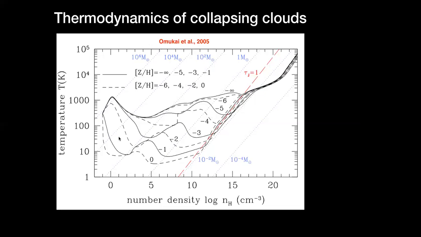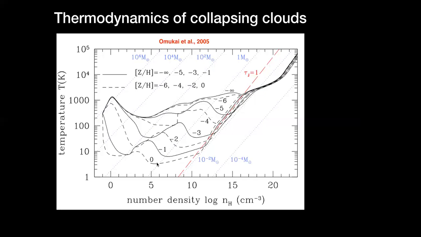For instance, if you consider the evolution, we see that the density starts increasing as the gas collapses. So let's picture that there is a sphere of gas collapsing under the influence of certain cooling agents available.